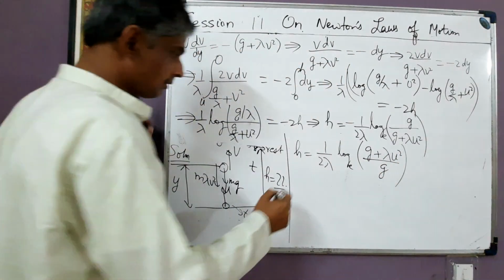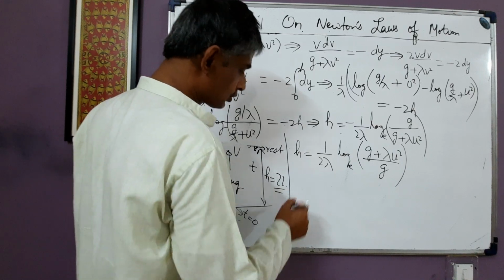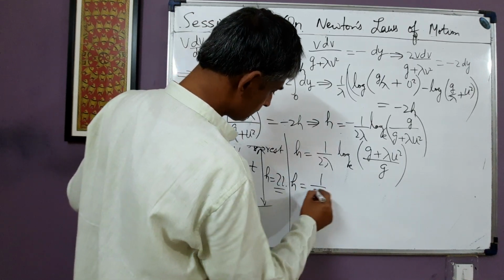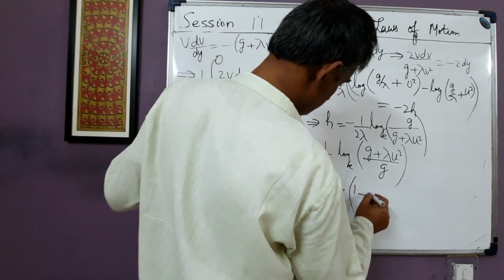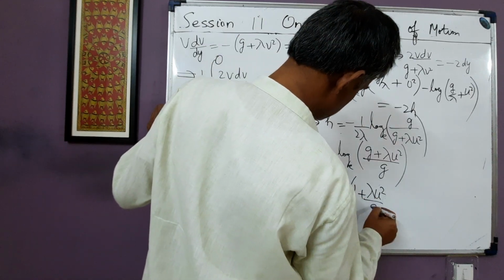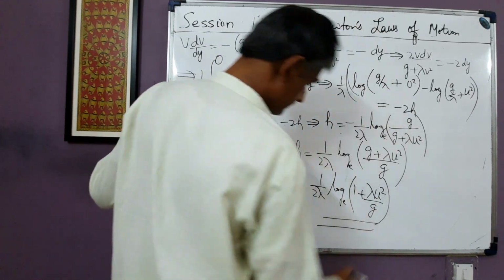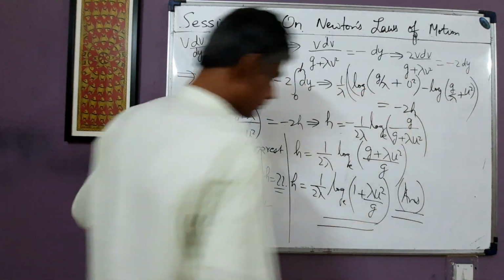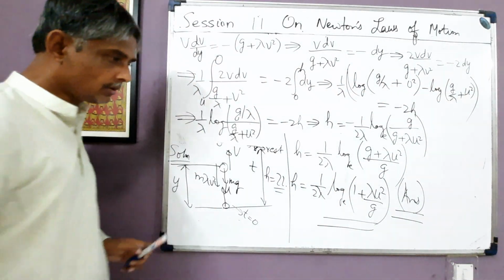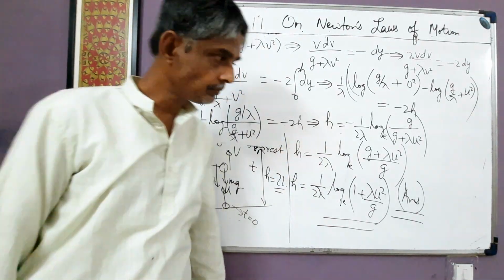So this is the maximum height attained by the block in the course of its motion, equal to 1 by 2 lambda log of 1 plus lambda u square by g. This is therefore the required answer. I hope it is clear.